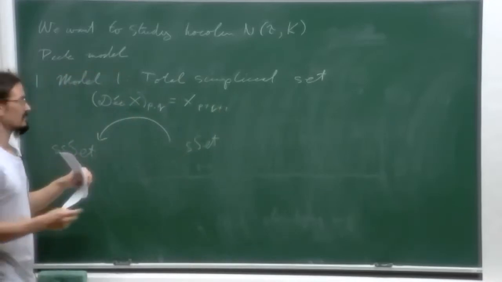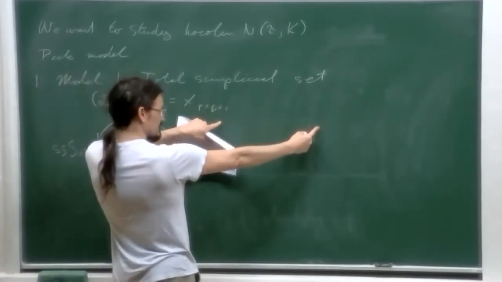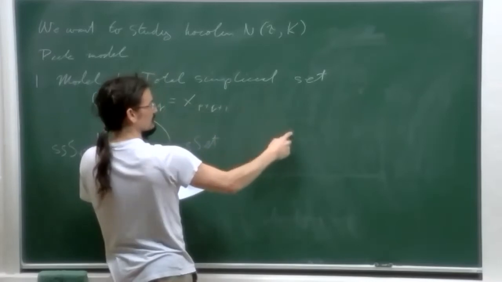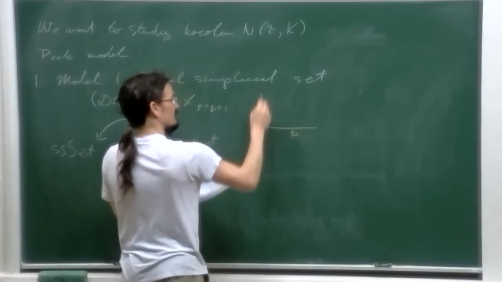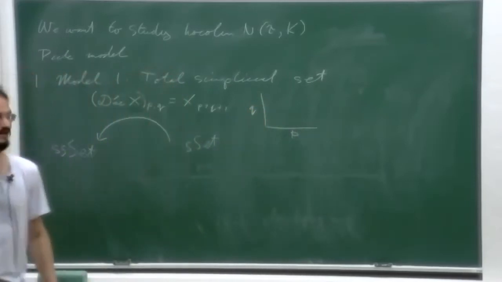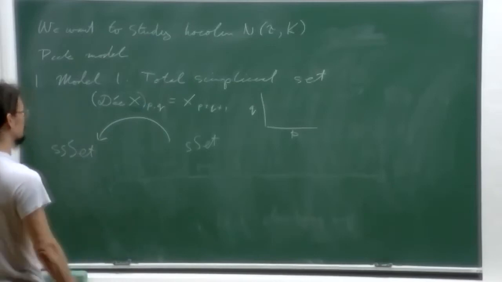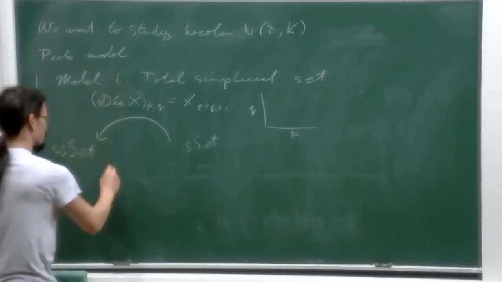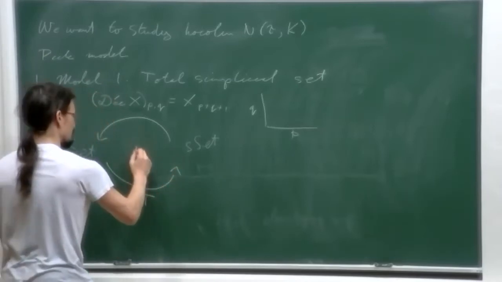But the idea is really just that you take the p plus q plus 1 simplices, and then you instead look at p simplices on one axis and q simplices on the other axis, and then you only look at those simplicial maps which do that for you. And this is just a nice way to get the total simplicial set functor, because it's just the right adjoint of this thing.